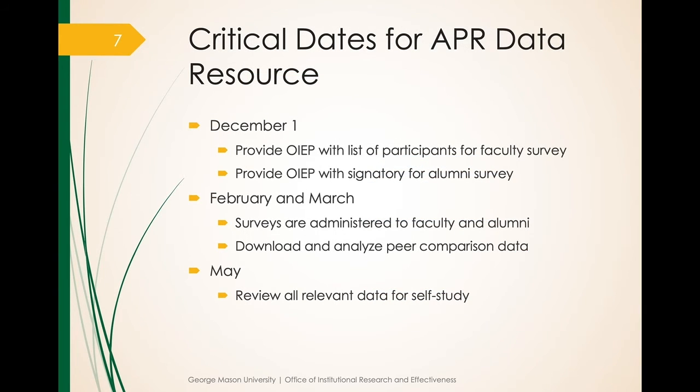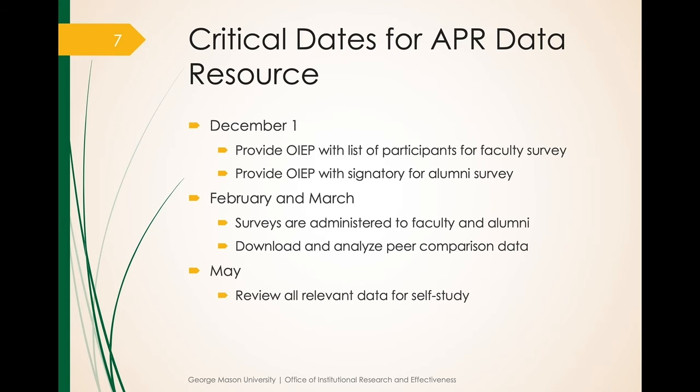As you become more familiar with the data, please keep in mind a few critical dates related to data resources. The first critical date is December 1st. By December 1st, program leaders should notify me or the Office of Institutional Effectiveness and Planning with a list of participants for the faculty survey.